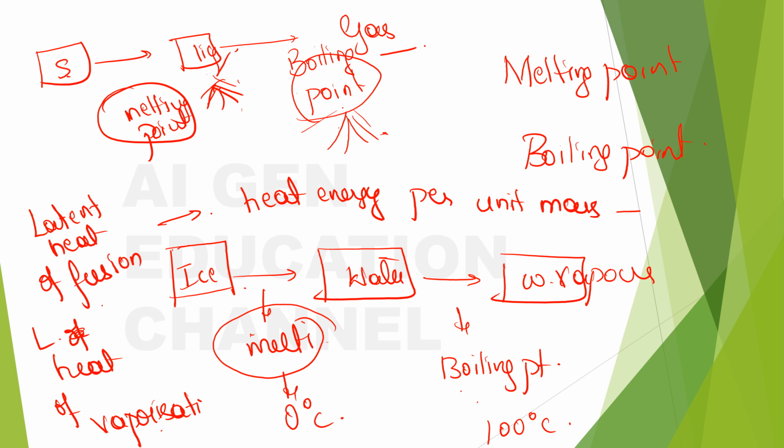Okay, so don't get confused with it, it is not so much important, you can skip it, but just remember that latent heat of fusion is associated with melting point and latent heat of vaporization is associated with boiling point, right? Okay, so we are done with the chapter heat.